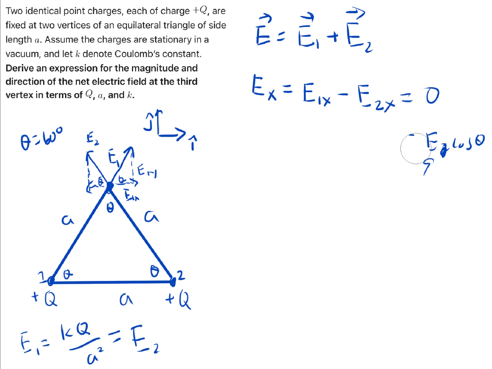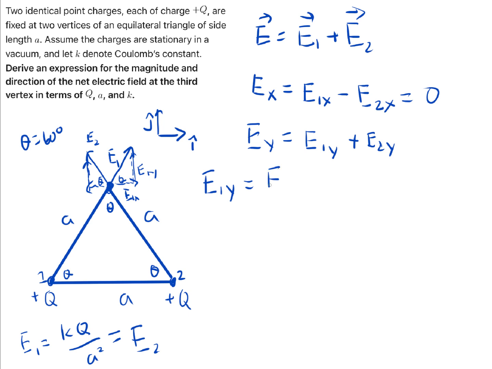Now let's do something similar for the electric field in the y direction. This time, notice how both y components are actually positive. They're both in the positive y direction. So the total y component of the net electric field is just the sum of the y components of the individual electric fields. Again, we can compute each using trigonometry.